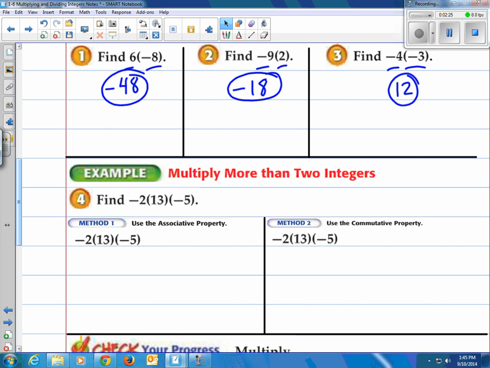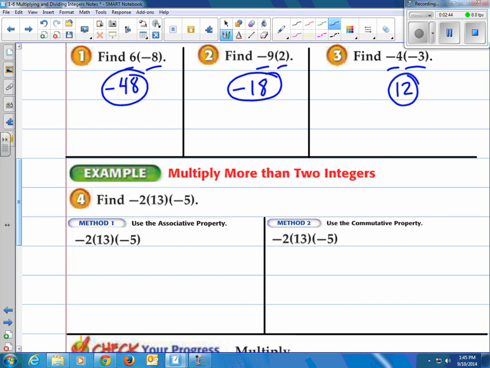Let's take a look at this example, which has 3 numbers in it. In the first method, we're going to use the associative property to solve. In the second one, we'll use the commutative property. Let's take a look. If we have 3 numbers being multiplied, we have negative 2 times 13 times negative 5.